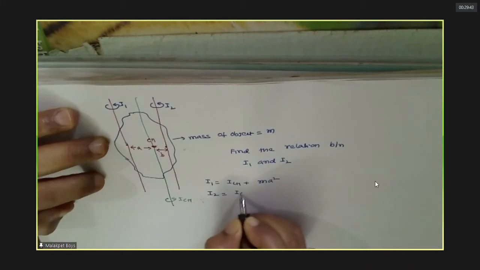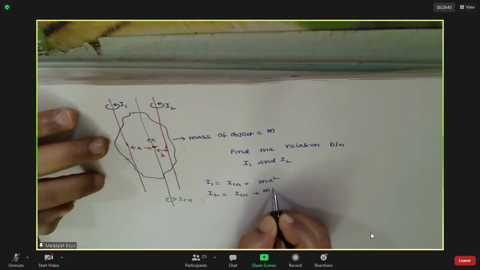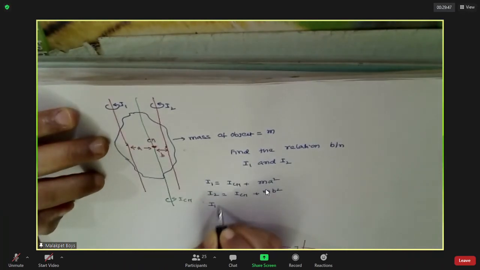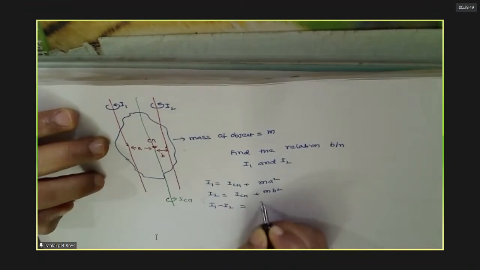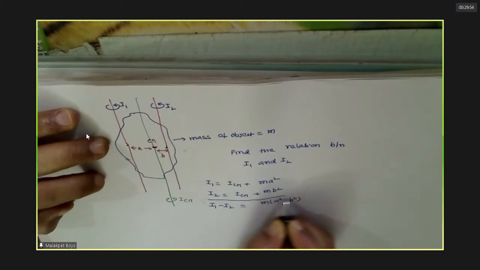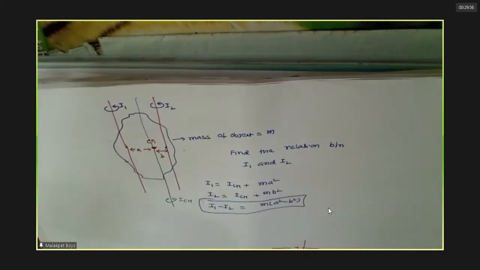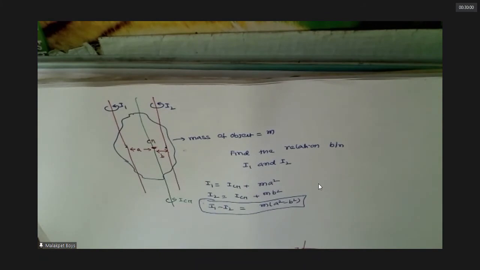I2 is ICM plus mass of the body into b square. So I1 minus I2 is nothing but m into a square minus b square. This is the relationship between I1 and I2, no? Yes, sir.